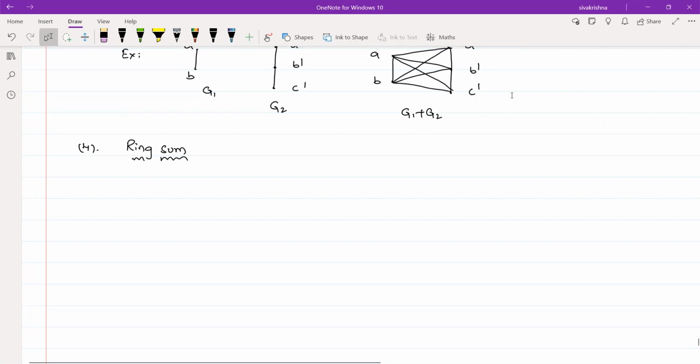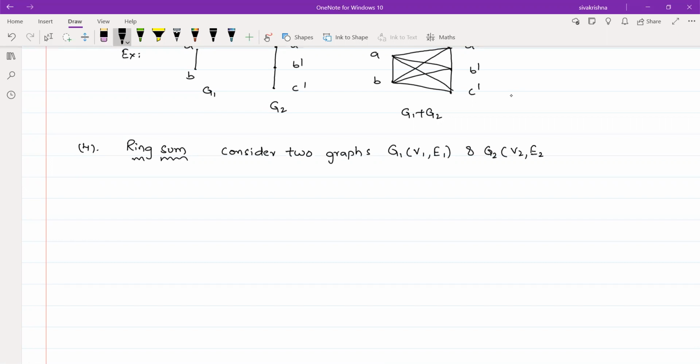Now coming to the next operation, that is the ring sum operation. Once again we have to consider 2 graphs: G1 (V1, E1) and G2 (V2, E2).